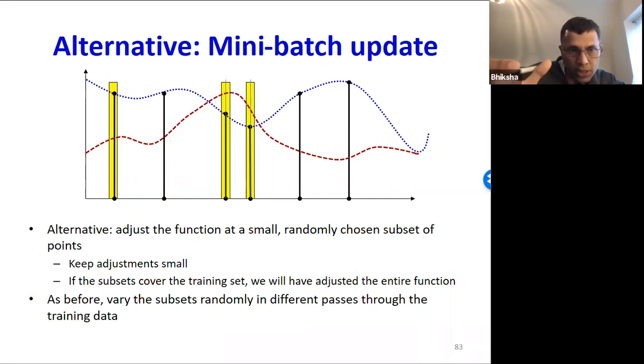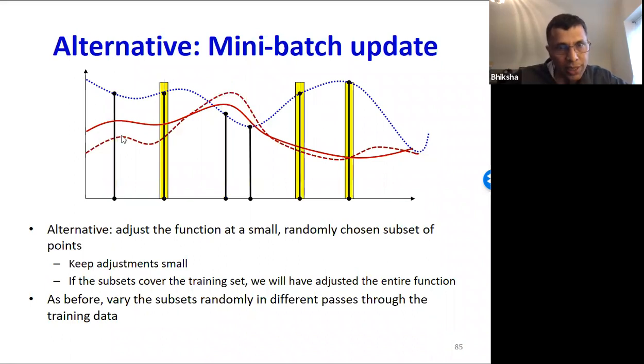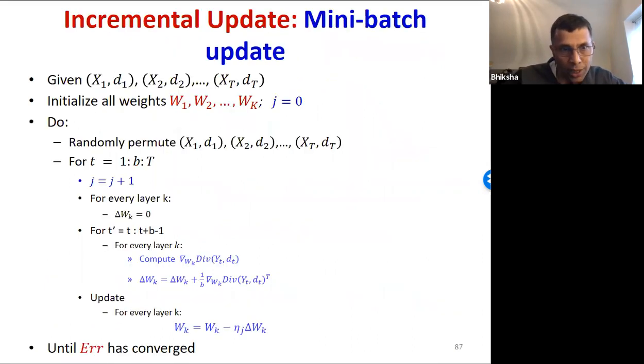So in the first set, you're going to maybe draw these guys and make adjustments, which is to say you would be pushing down the function at these 2 locations, pushing it up here. Then the next time you draw the samples, you'd be choosing a different set of points, and then you'd be adjusting the function at those points, which gives you a new function, and so on. So mini batch updates.